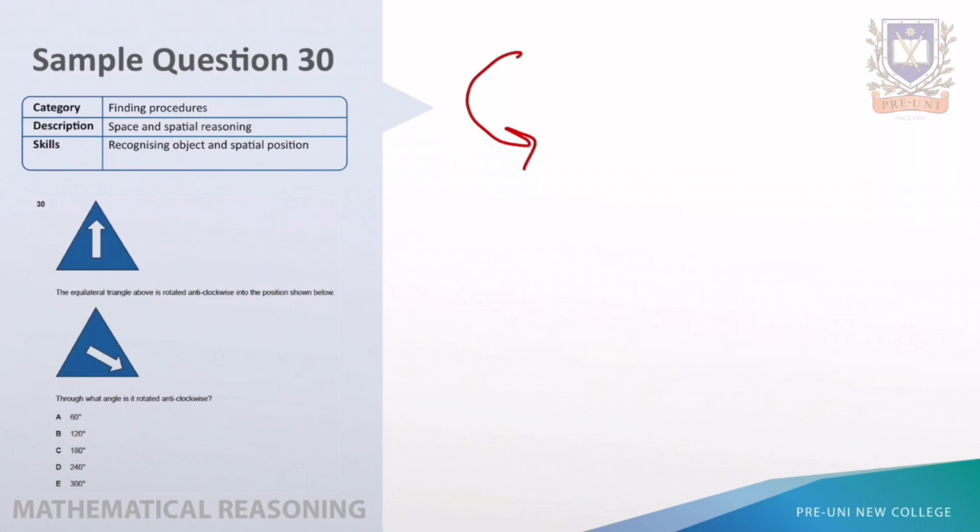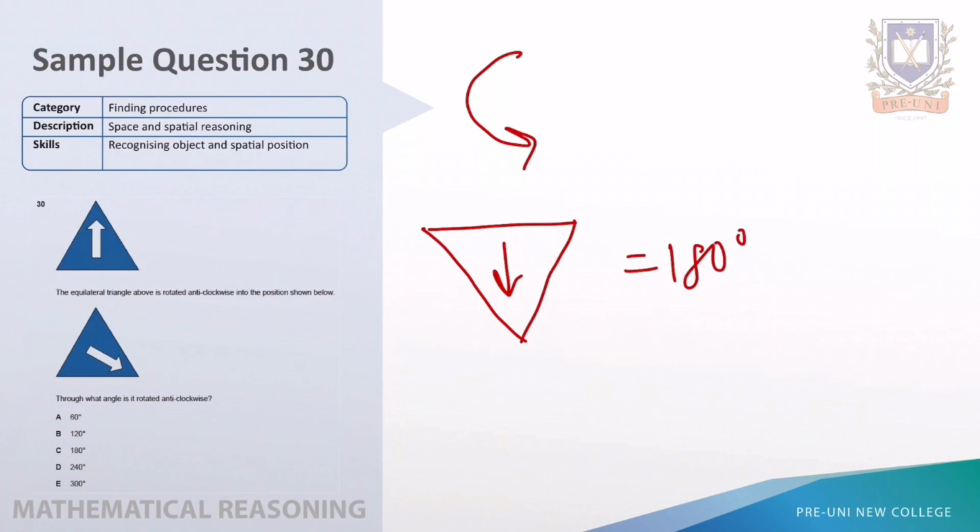So if we firstly just calculate a triangle like this with the arrow facing down, we know that's turned 180 degrees. But then if we turn it again slightly, we can get this. And because it's an equilateral triangle, it will turn in 60 degrees increments.